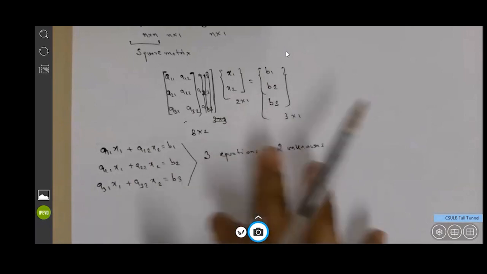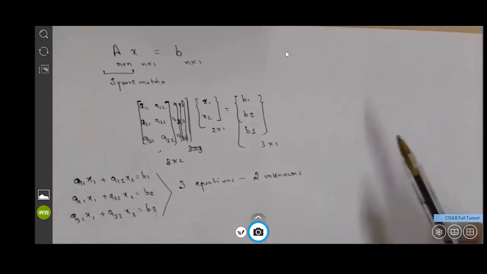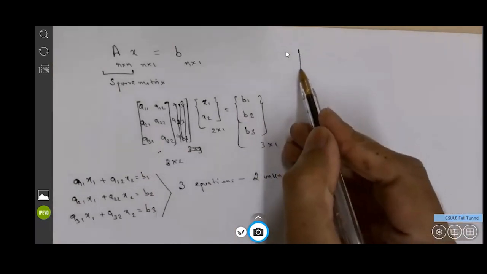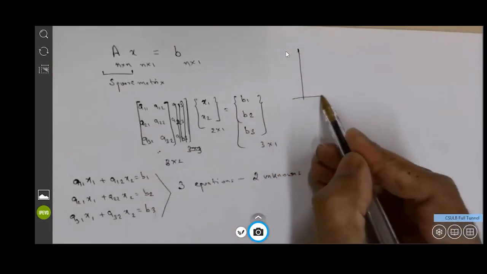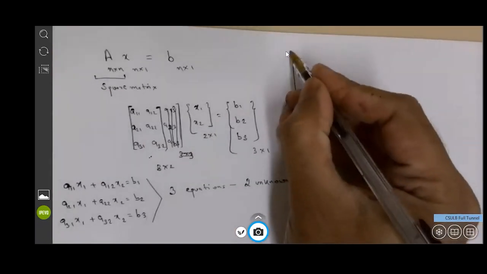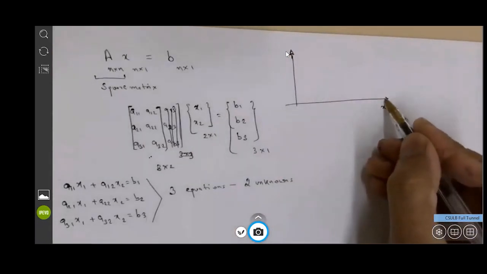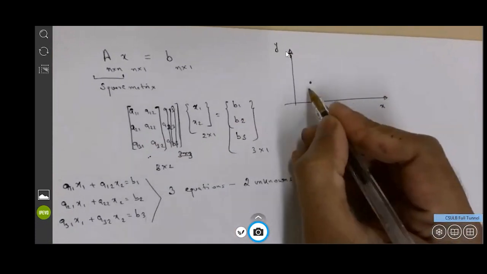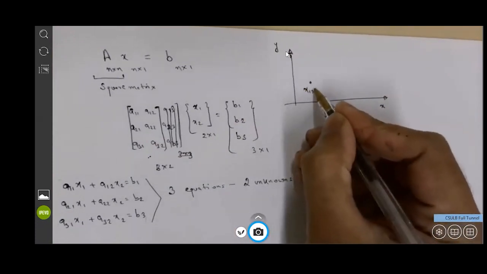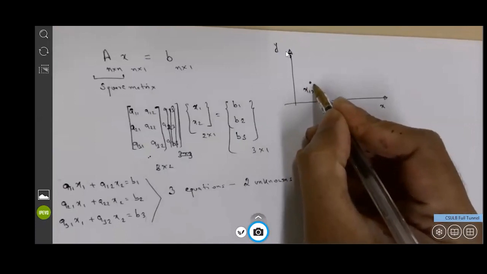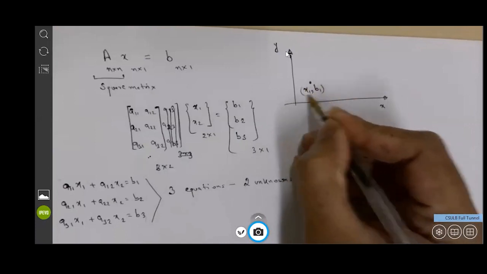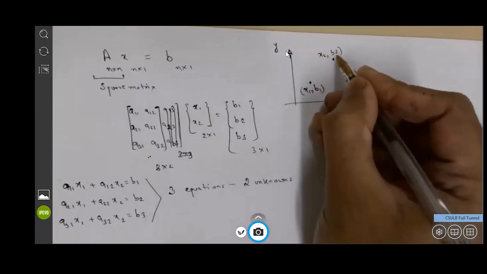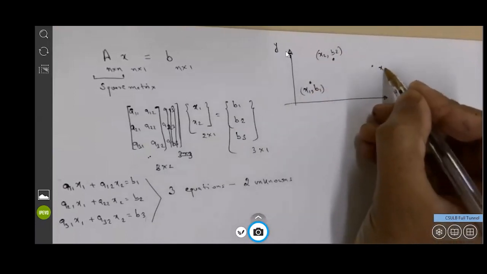Now let me describe where you physically see this type of system. For example, you have data points. You are working in a Cartesian coordinate system, X and Y, and you have three data points: X1, B1, X2, B2, and X3, B3.